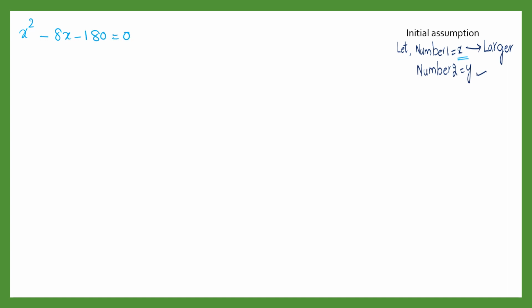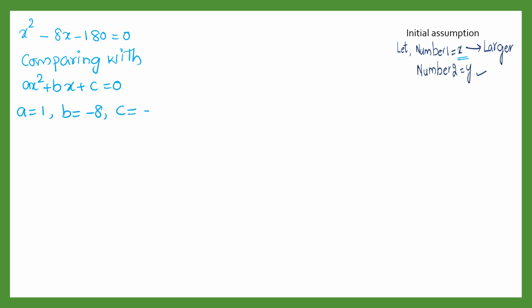We can find the value of x now by finding the roots of the quadratic equation. We can find the roots using quadratic formula. For that, let's compare with general form of quadratic equation, which is ax square plus bx plus c is equal to 0. You get a is equal to 1, b is equal to minus 8, c is equal to minus 180.